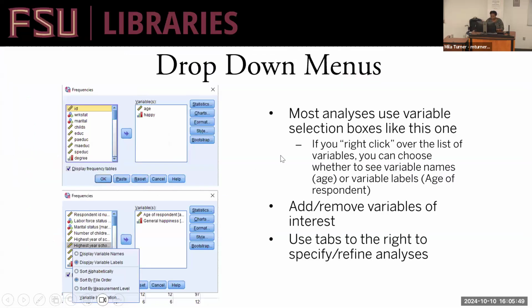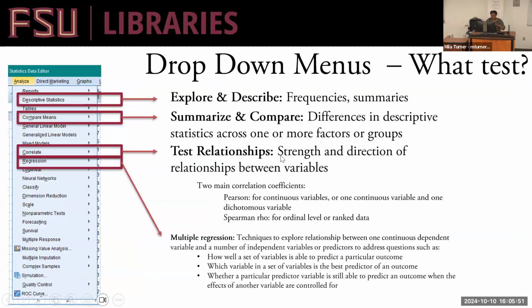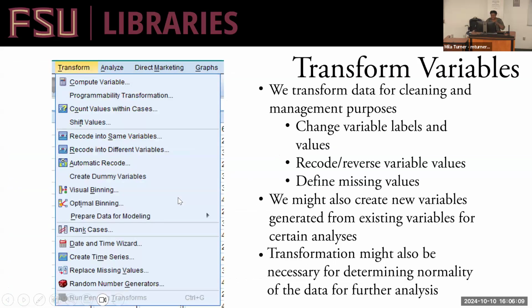So we talked about the menus, how to add things. We did some descriptive statistics, so frequencies and the descriptives. If you want to compare means, you've got a whole menu for that. Correlation, regression, menus for both of those as well. And then I talked about transforming variables.